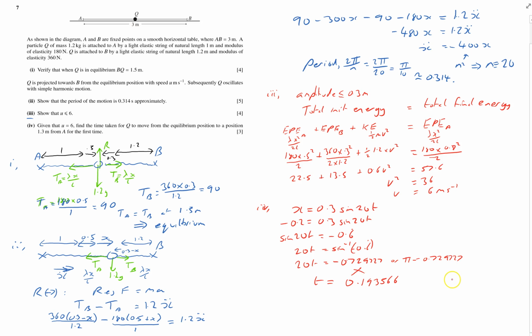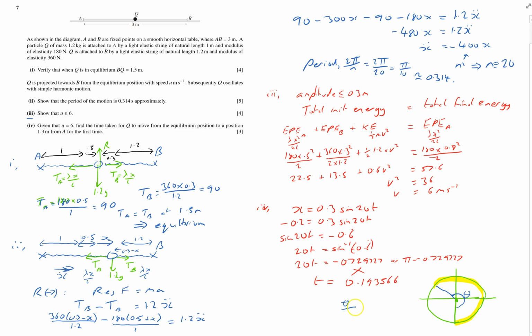The other way you could have done it, I'll do it in green, you could have thought, okay, that's my projection onto the unit circle. It starts at this point here, so let's assume it starts here. It goes all the way around here until it gets to minus 0.2 there, and I have to work out what fraction of the whole circle that is. So I need to work out that angle there, which is obviously pi plus this little bit here, so I'll call it the whole big angle theta.